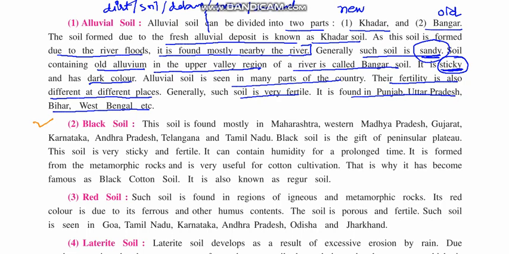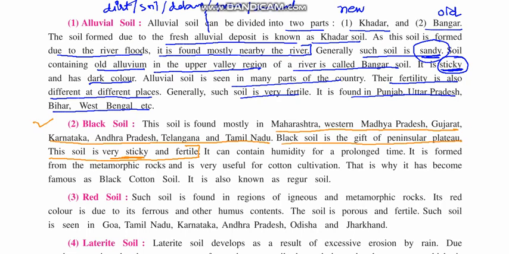Next is black soil. This soil is found mostly in Maharashtra, Western Madhya Pradesh, Gujarat, Karnataka, Andhra Pradesh, Telangana and Tamil Nadu. Black soil is the gift of the Peninsular Plateau, mainly found in the Peninsular Plateau. The soil is sticky and fertile, this you need to remember.